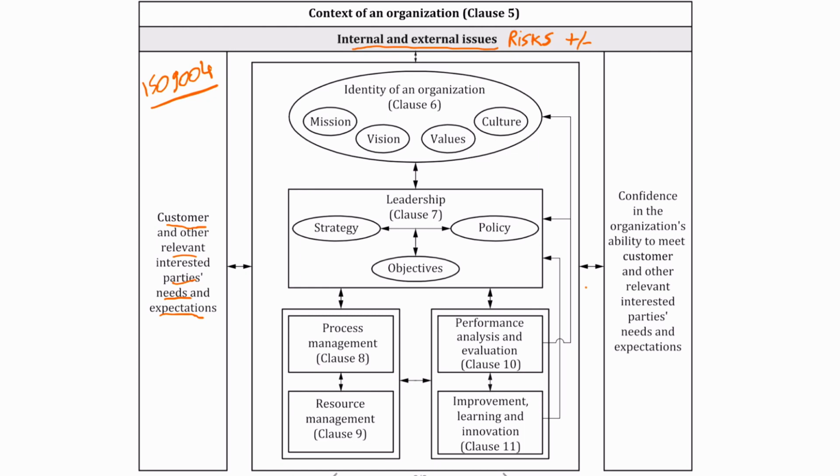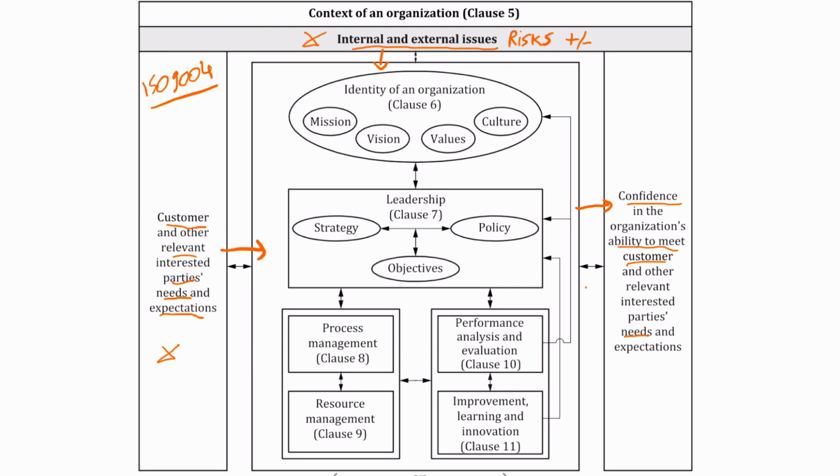Okay, customer needs and internal and external issues, and this analysis will inform this big block in the middle. I'll get to this soon. And this big block in the middle, if done the right way, will help improve the confidence in the ability to meet customer needs. Meaning that if we do a good job here, we analyze what customers want.